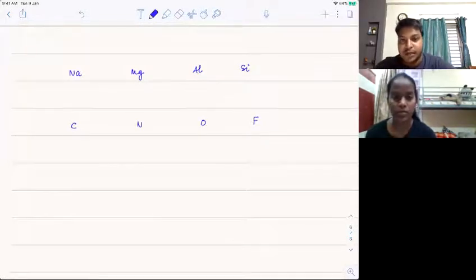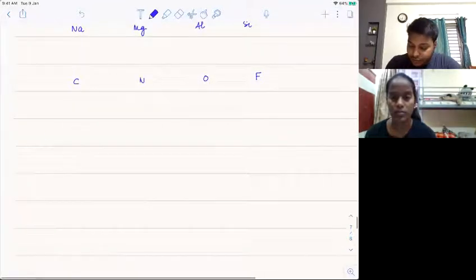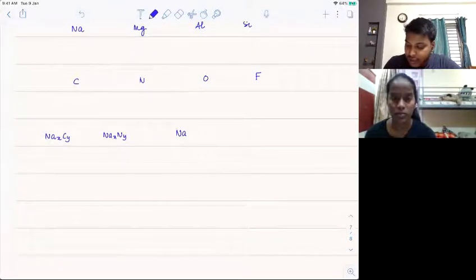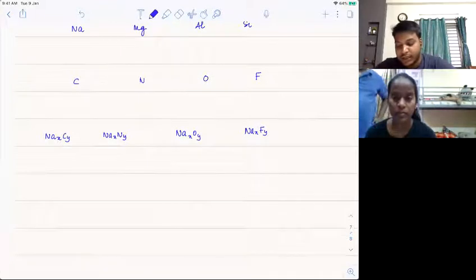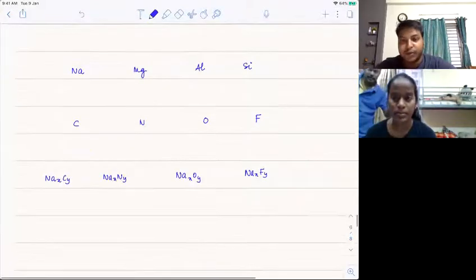I want you to make molecules like this: NaXCy, NaXNy, NaXOy, NaXFy. Now, in all these cases, what should be the X and Y? Depending upon what charge they get.